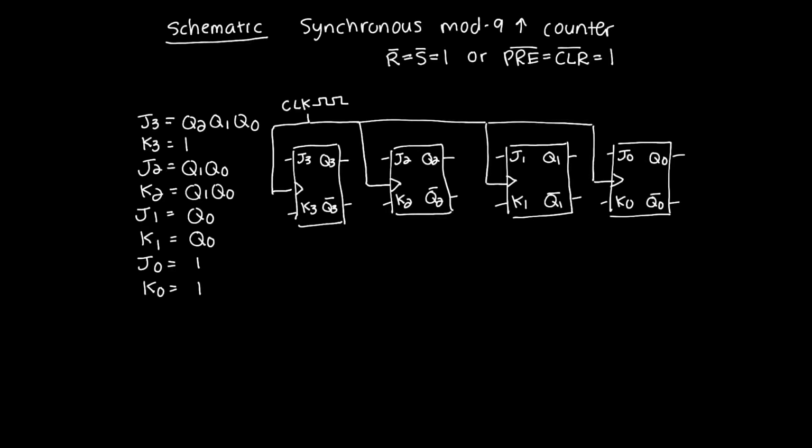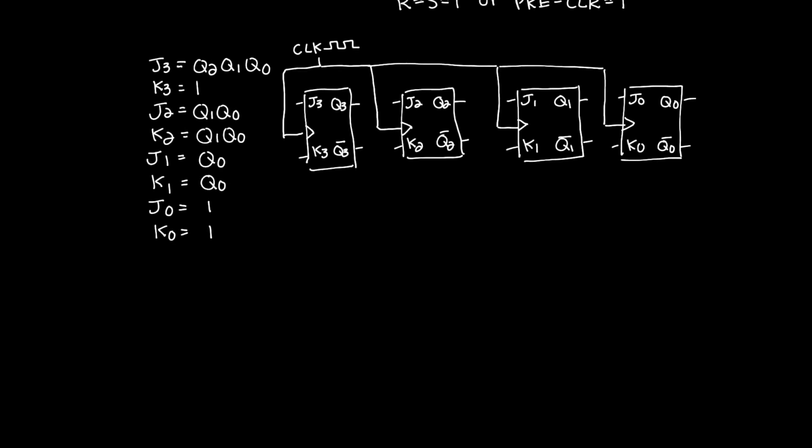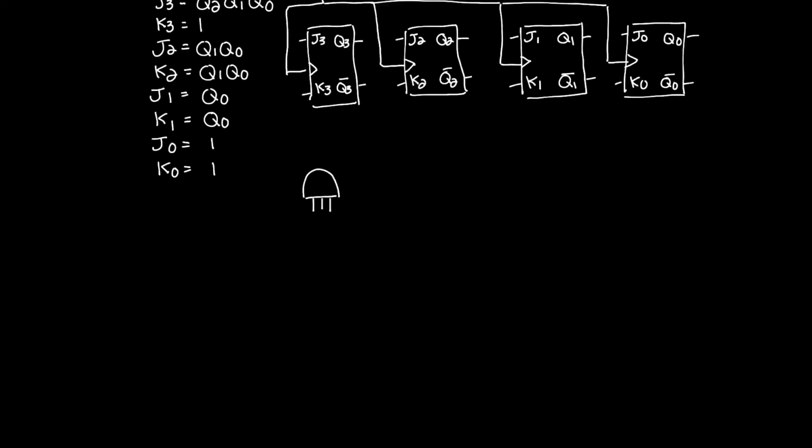Okay, and now how do we implement this expression? We said J3 is simply equal to Q2 and Q1 and Q0. So I'll just make a 3 input AND gate. However, I want you to note that this 3 input AND gate consisting of Q2, Q1, and Q0 has its output going straight to J3.